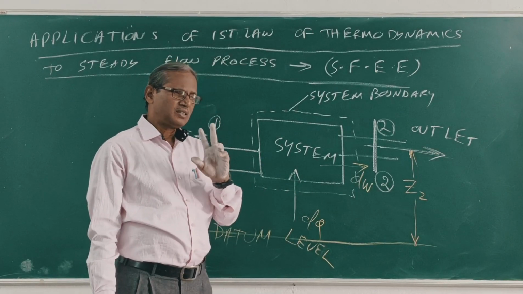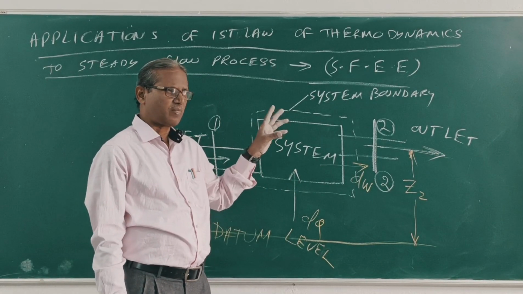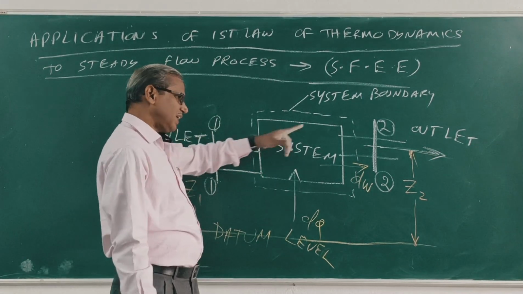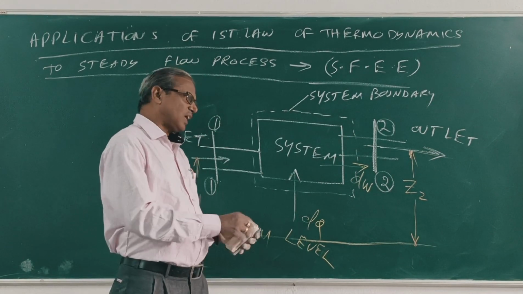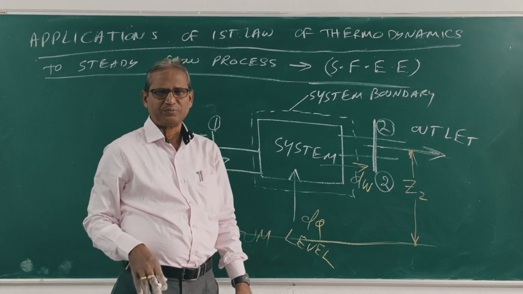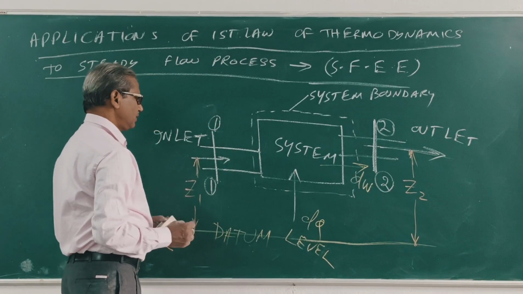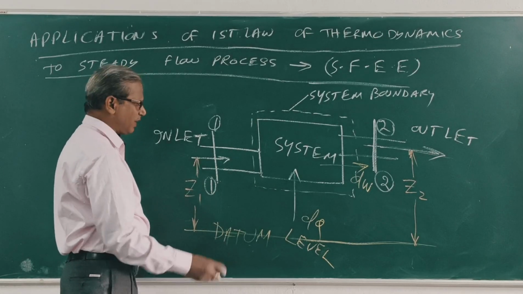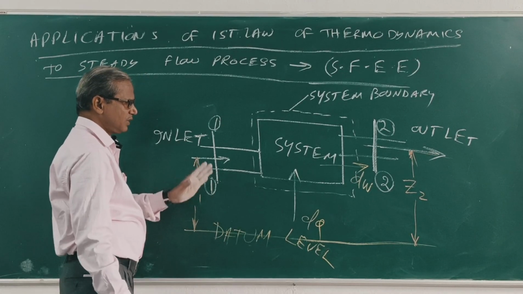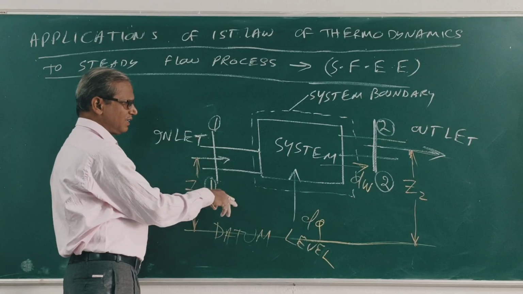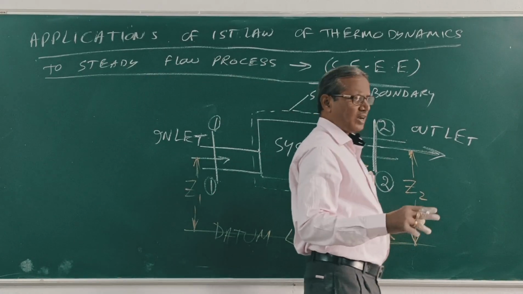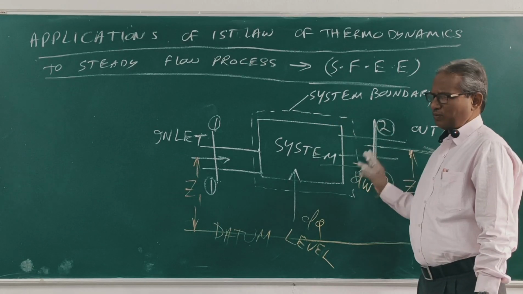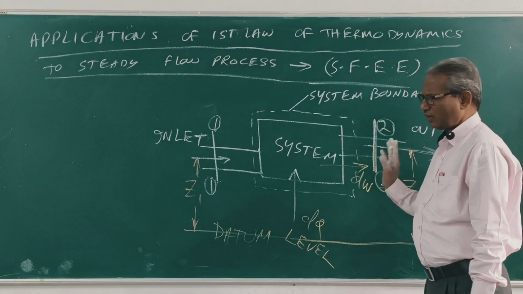That means there are two essential conditions for this equation. Now, one, the total mass flow rate at inlet is equal to the total mass flow rate at outlet. Right? The total mass flow at inlet is equal to the total mass flow at outlet. The total energy at inlet is equal to the total energy at outlet. That is m1 is equal to m2, E1 is equal to E2.